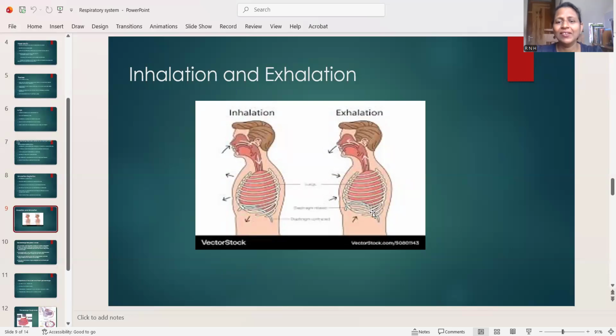In the second one, you can see the diaphragm moves up and the sternum moves backward, so the volume of the thoracic cavity and lungs decreases, then pressure increases and air flows from the lungs to the outside.